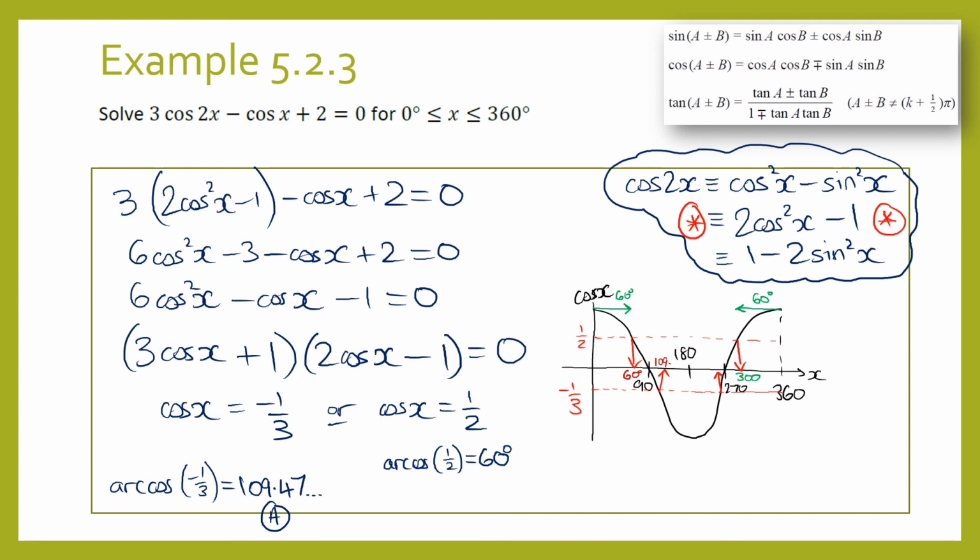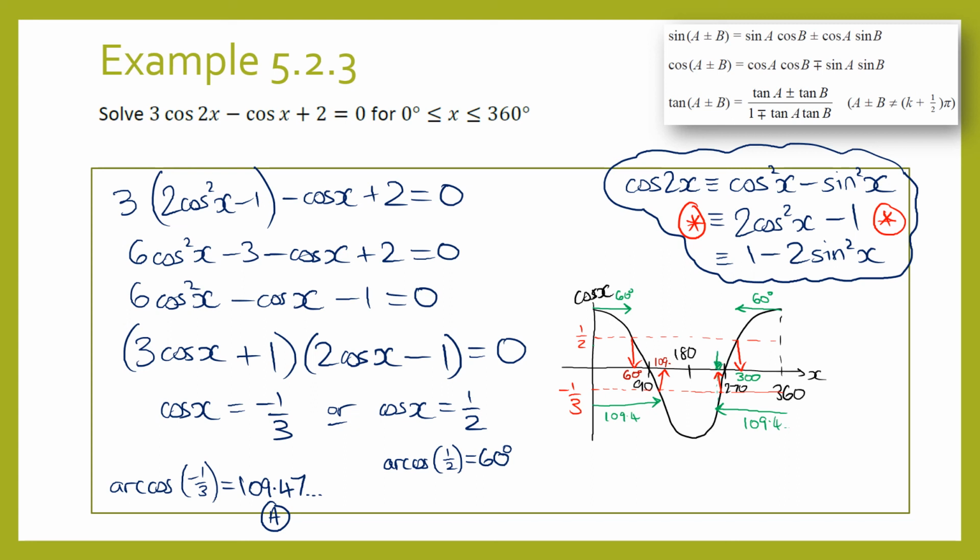So from the beginning maximum point to there was 109.4 degrees. Then from the next maximum point backwards, so to this one here, that'll be 360 minus. Well, this is 109.4 degrees, so this bit here will be 360 minus that.